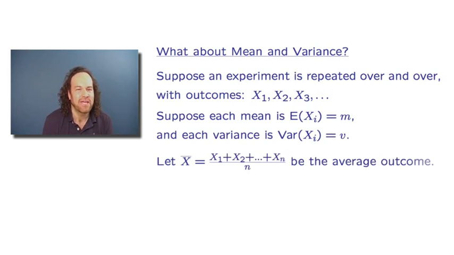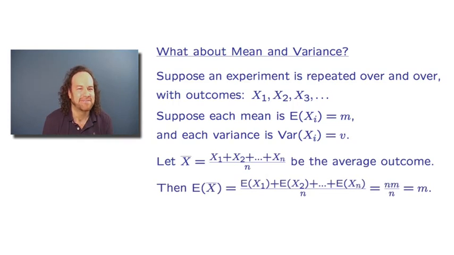Then if we let x bar be the average of x1, x2 up to xn, the expected value of x bar, as you'd expect, is just the same as m. It's the same on average.